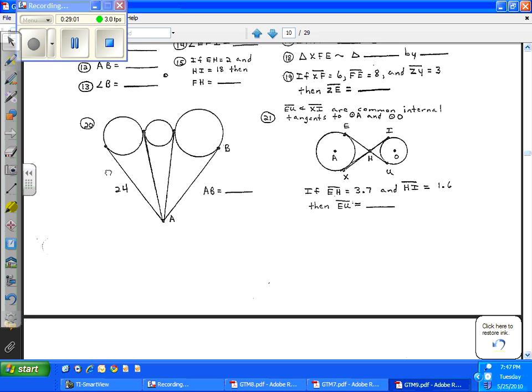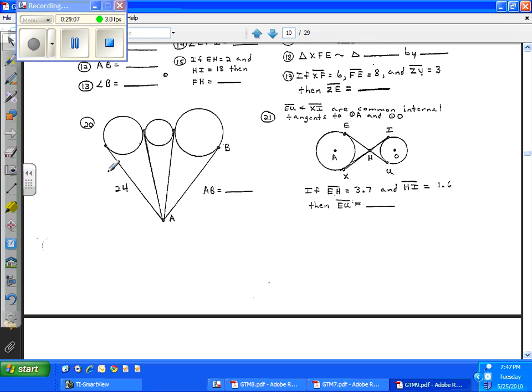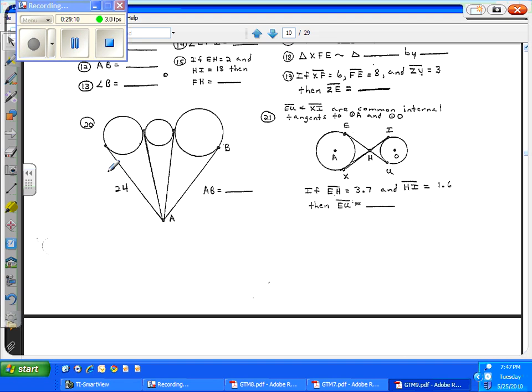All right. And what we've got going on in number 20 is two things. We've got tangents to a circle from a point outside are equal, and we have transitive property. We know that if this is 24, then this is 24 because those are both tangents to this circle right here. And tangents to a circle from a point outside are equal.